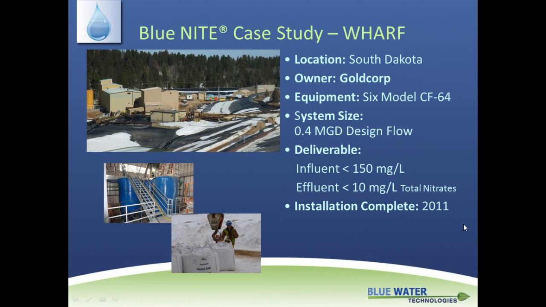The first installation was completed in 2011. They've gone through one expansion, I believe, in 2012, and a second expansion is planned for implementation in 2014. So this particular site is a very good case history for removal of not only trace elements, but also a biological process for removal of concentrated nitrates.